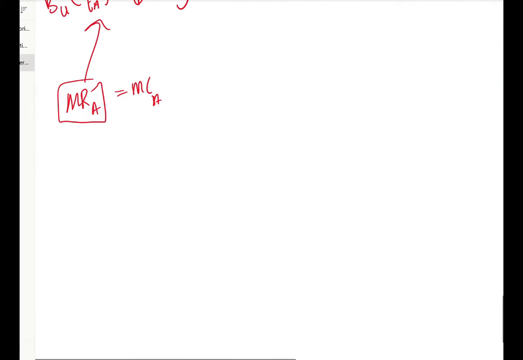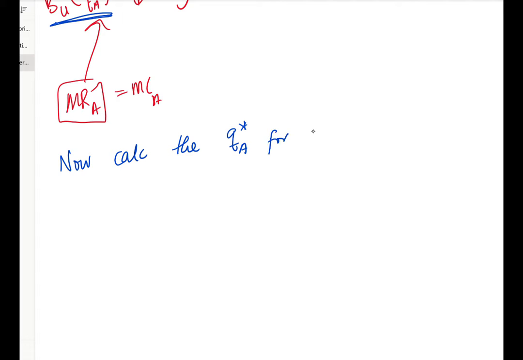Good. So now we want to figure out, actually not best response, the profit, because they already know. They're not responding directly to any given Q, they're responding to a particular Q. So now calculate the QA star for the leader, American.